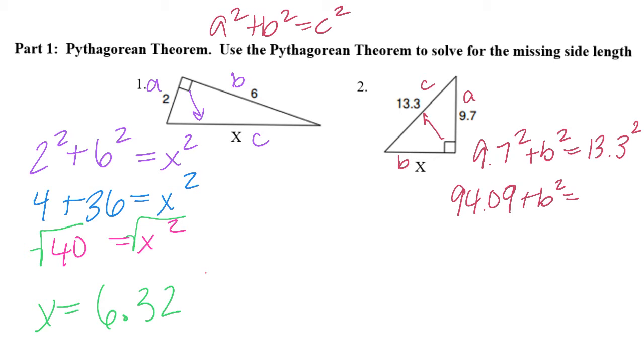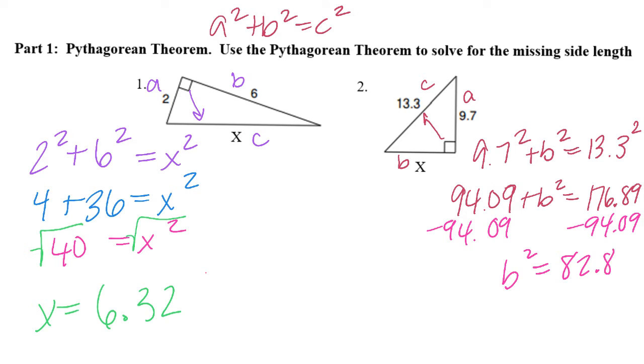Then 13.3 squared is 176.89. To solve for B squared, we need to subtract the 94.09 on both sides. And we get that B squared equals 82.8.